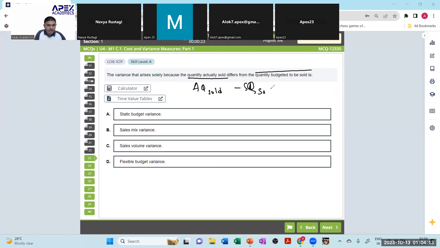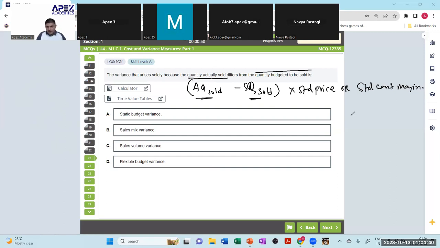Actual quantity sold minus standard quantity sold, which is then multiplied by standard price, or you can take standard contribution margin. What you can take? Standard contribution margin. Are you with me? Yes or no? Yes, sir. So actual quantity minus standard quantity. This is quantity.